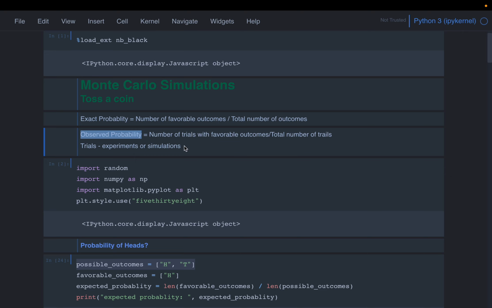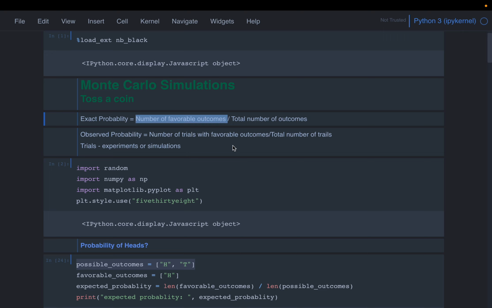Okay, now the reason this can be different from the exact probability is here we might not necessarily be computing the total number of outcomes, right? We might not necessarily have all favorable outcomes when we do the experiment, right?